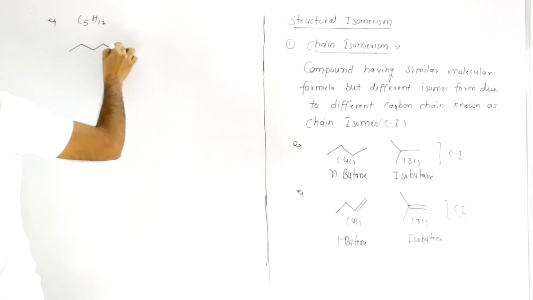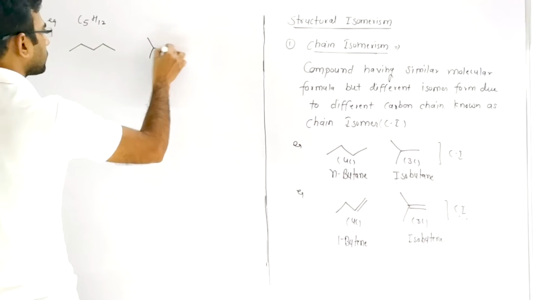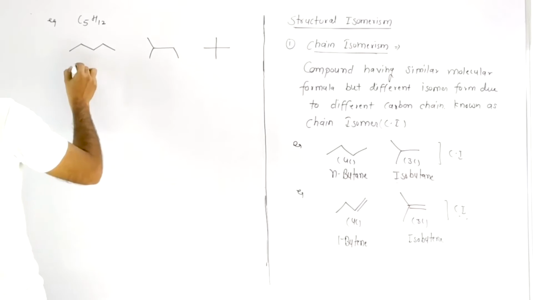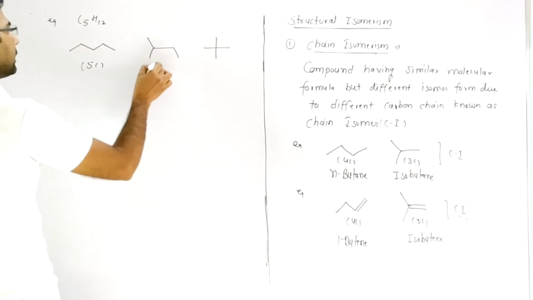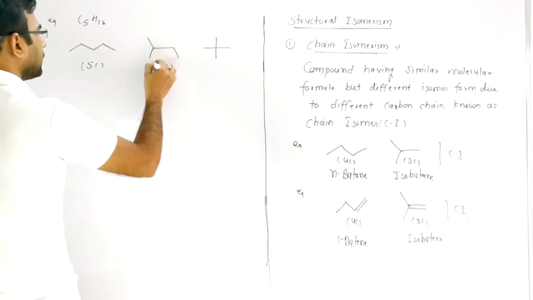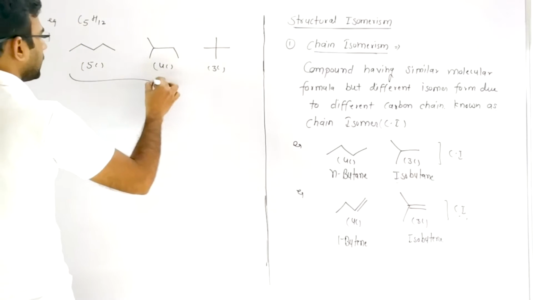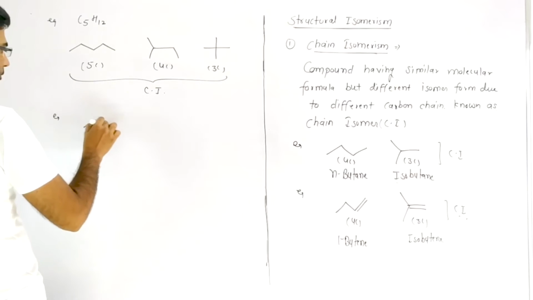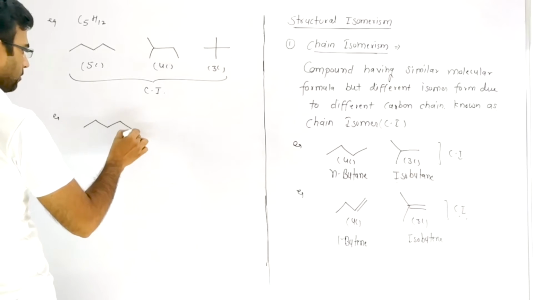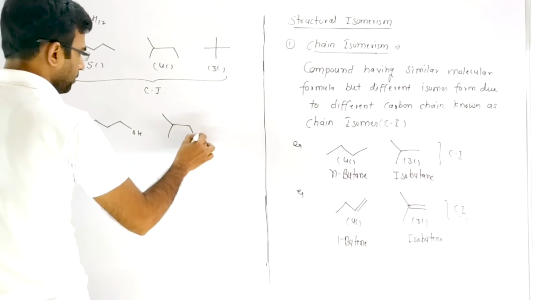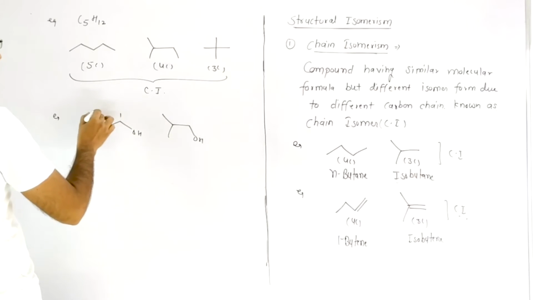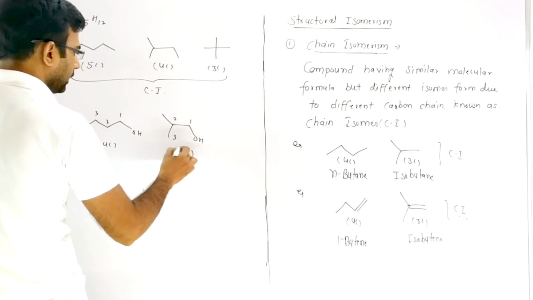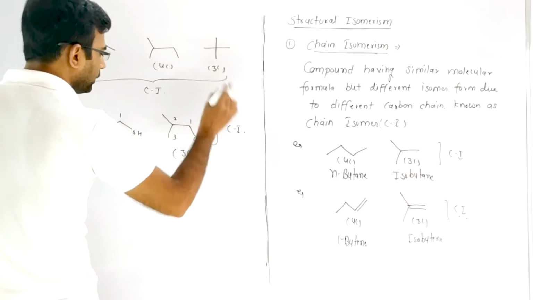The possible structures are pentane and others, and these are chain isomers of one another because one has a 5 carbon chain, one has a 4 carbon chain, and one has a 3 carbon chain. In this compound 1, 2, 3, 4 carbon chain. In this compound 1, 2, 3 carbon chain. So they are chain isomers of one another.